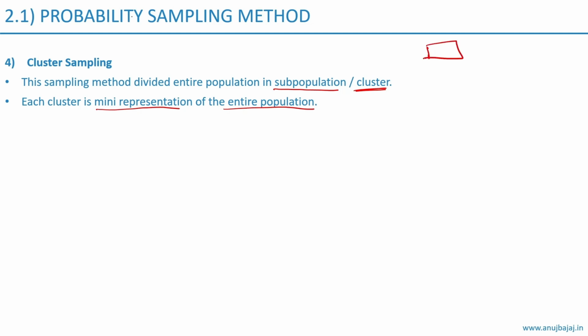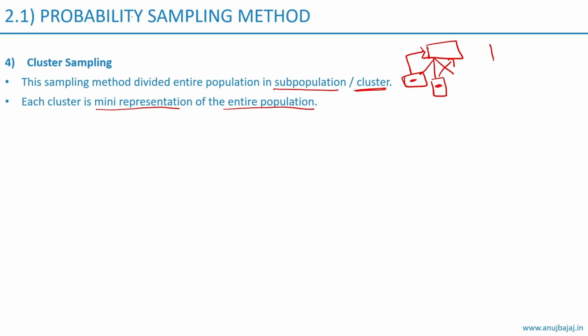So in stratified random sampling, we had various strata, where each strata represents a certain part of the population with a specific characteristic. Similarly, the second strata represented a certain portion of the population which had similar characteristics.